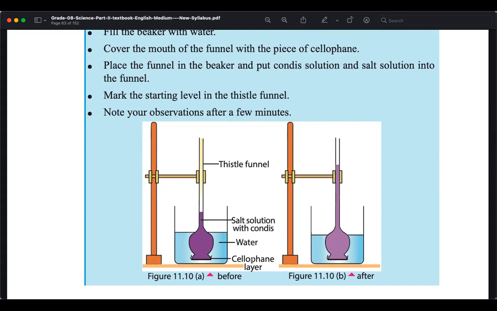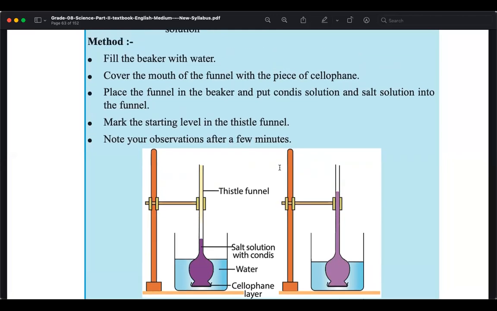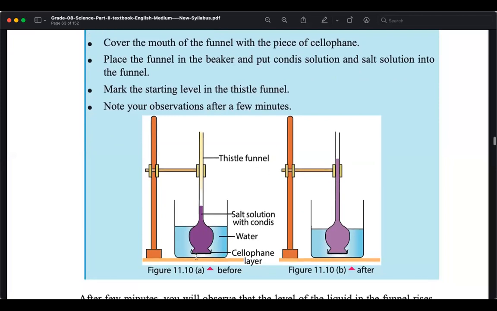You can also use some transparent glass funnel, but it is better if it is a thistle funnel. But I think you can find this because you have some help from your mother, right? Okay. Yes, sir.